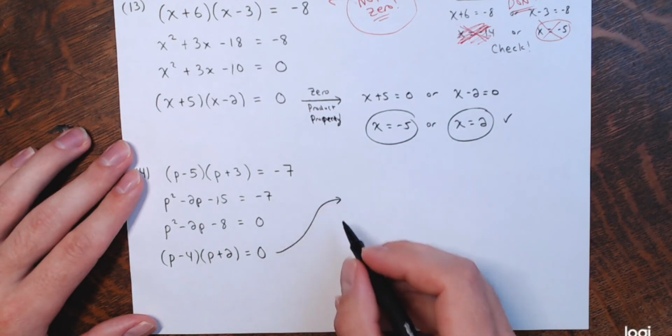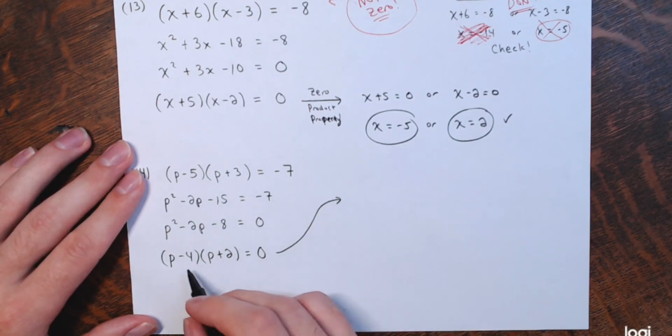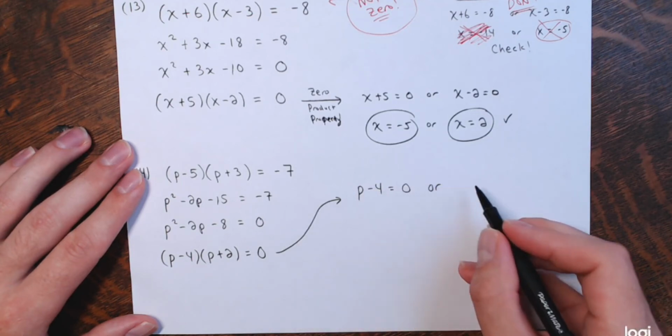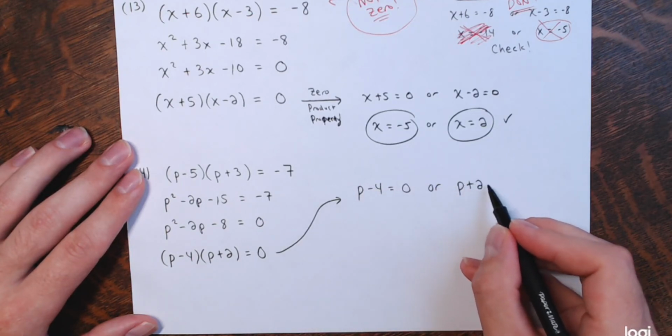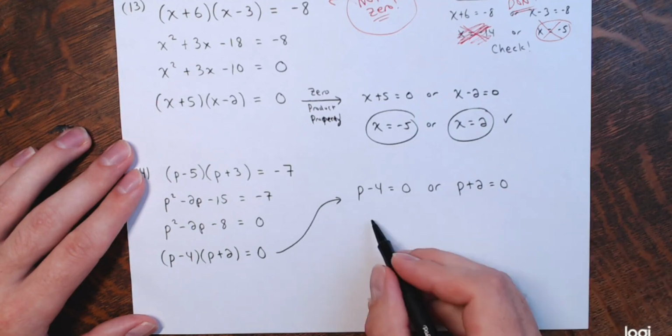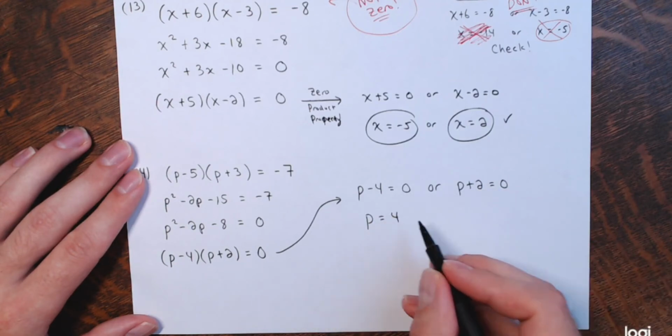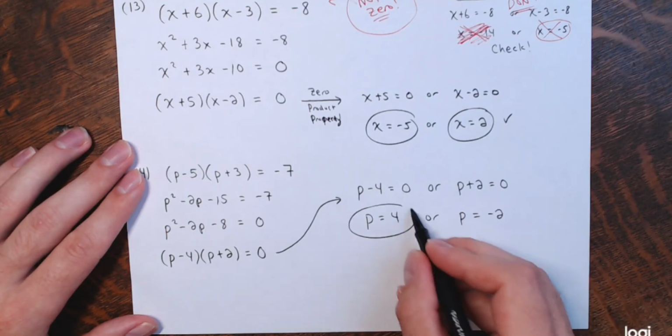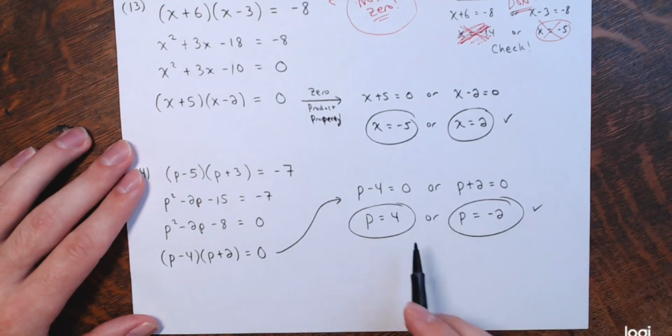And then we can apply the 0 product property. So either p minus 4 equals 0, or p plus 2 equals 0, and solve each of these. So p is equal to positive 4, or p is equal to negative 2, and then check them. Don't forget to check them.